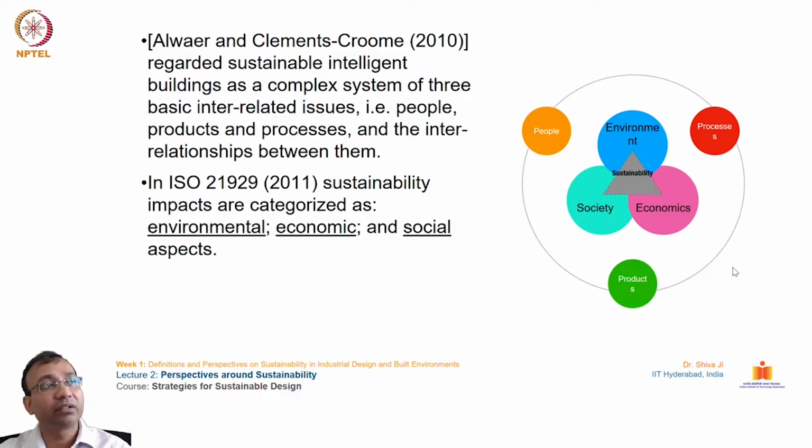Here Alvar and Clement Ekroon regard sustainable intelligent building as a complex system of three basic interrelated issues: people, products and processes, and the interrelationship between them. You can see the ESE aspects of sustainability spreading over here, and people, processes and products are part of this whole ecosystem, encompassing it, because anything and everything can be associated with these three.